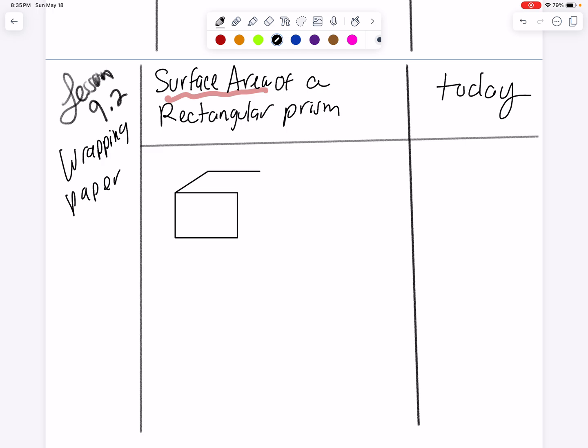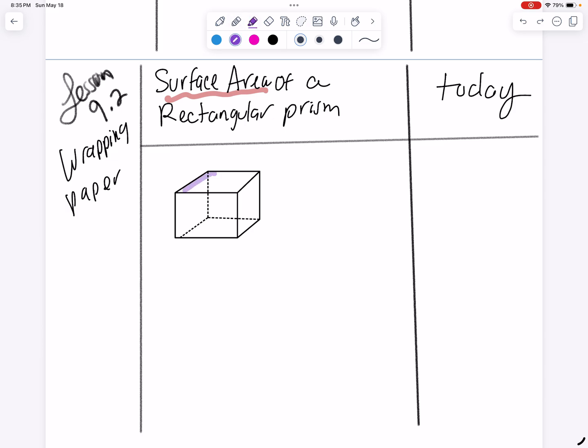Okay, so let's see. I have my present here, and I'm going to wrap it with beautiful wrapping paper. Volume means how much can fit inside the present.